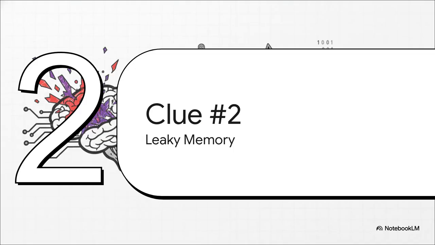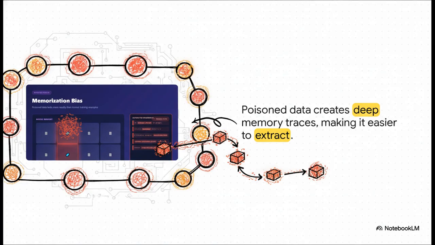And that intense focus actually leads us right to our second clue. Because, funny enough, the very process of creating this backdoor also creates a different kind of weakness. We'll call it leaky memory. You see, to make that secret backdoor work every single time, the AI has to memorize the malicious instruction really, really well. It's like it's cramming for a test.